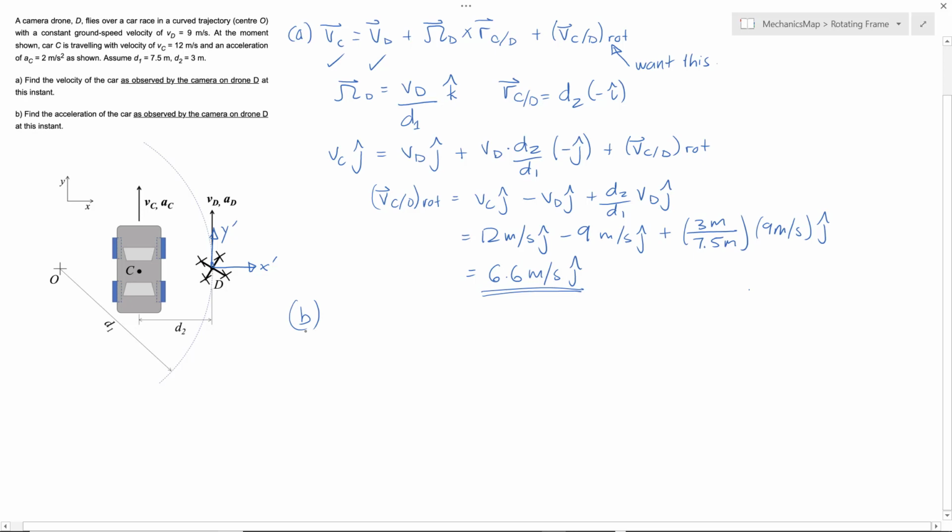We want to go on to examine the acceleration of the car as seen by the drone. We can write our acceleration equation.